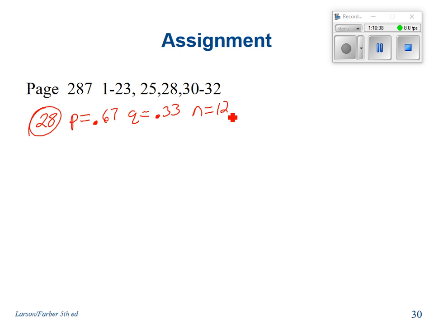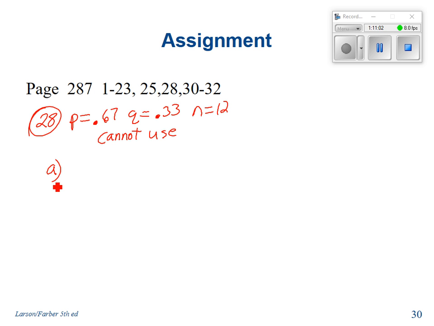Hey, we will be able to get this one done. 3.96. So can you use the normal stuff? Is that bigger than 5? No, 3.96 is not bigger than 5. So we cannot use it.